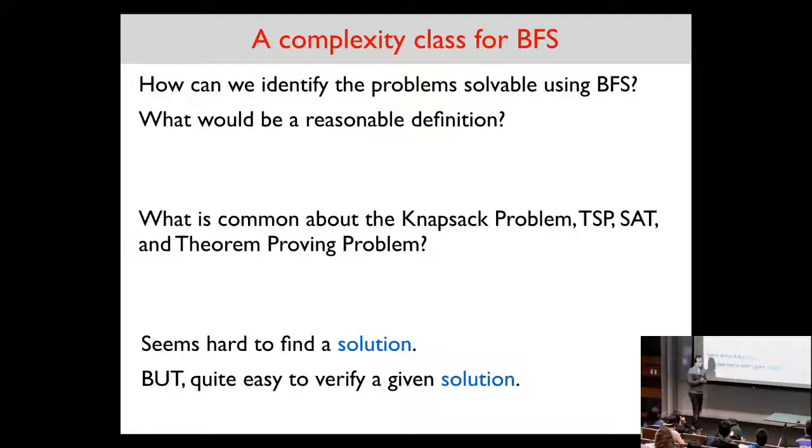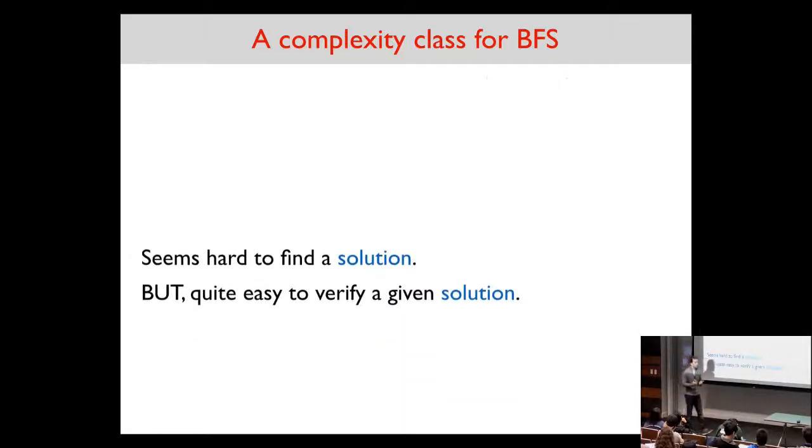If I give you a theorem and a proof for that theorem that uses at most whatever symbols, you can indeed check that this is a valid proof for the theorem. You just have to check, does one thing follow from the previous thing, and so on. So the logical implications are correct. And so on. So for all of these problems, if I give you the solution, you can verify that it's indeed a correct solution.